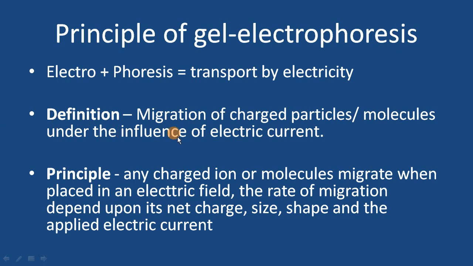Definition: migration of charged particles. See here you are using electricity. Electric field में कोई भी molecule मूव नहीं होगा unless and until it is charged. Charged molecule ही affected होंगे, है ना, उनका movement possible होगा. That is why here it is written that migration of charged particles or molecules under the influence of electric current.